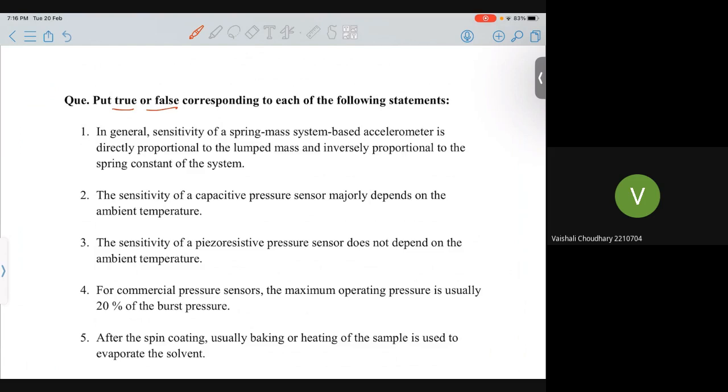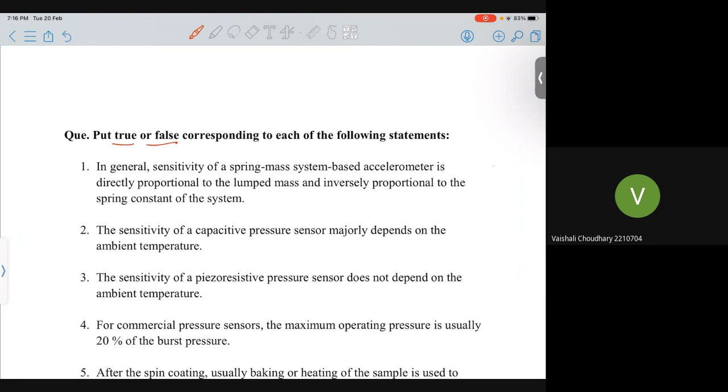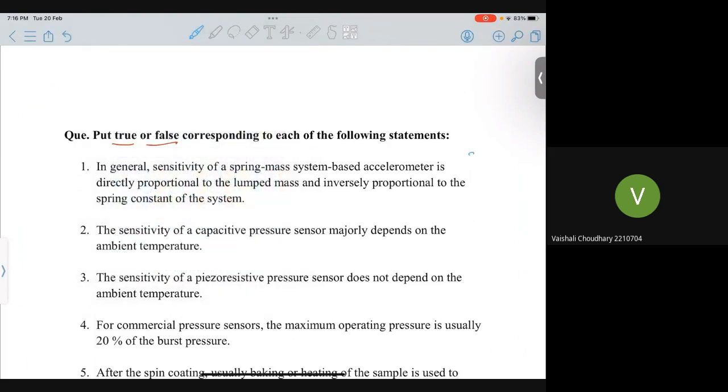So the first question is: in general, the sensitivity of a spring-mass system based accelerometer is directly proportional to the lumped mass and inversely proportional to the spring constant of the system. We have seen that in a spring-mass system, the sensitivity is x by a, which is m by k.